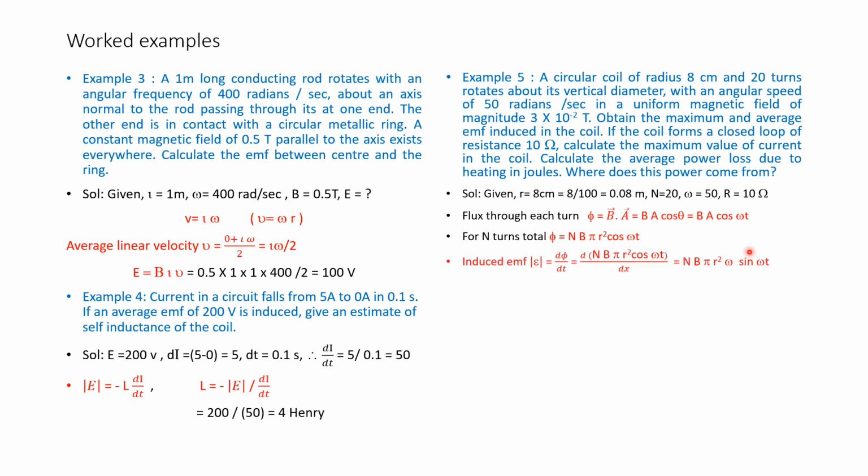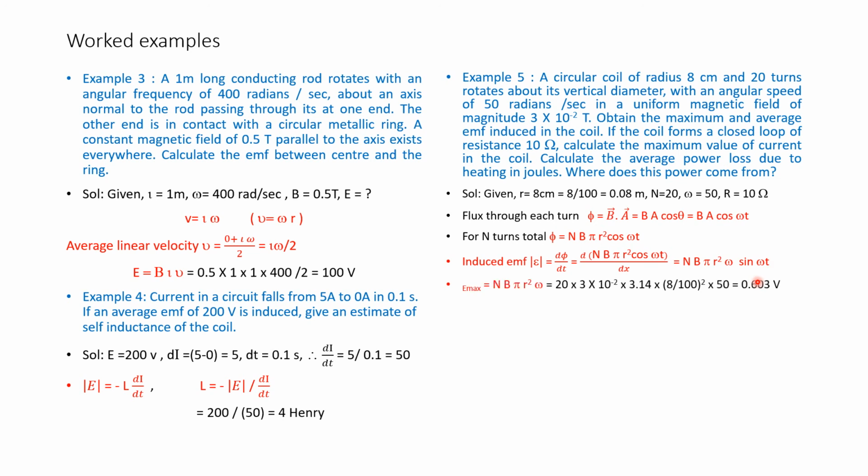Therefore, E maximum is equal to N B pi r square omega, when omega t is 90 degrees. Therefore, that is equal to 20 into 3 into 10 to the power of minus 2 into 3.14 into 8 divided by 100, squared, into 50. That is equal to 0.603 volts.